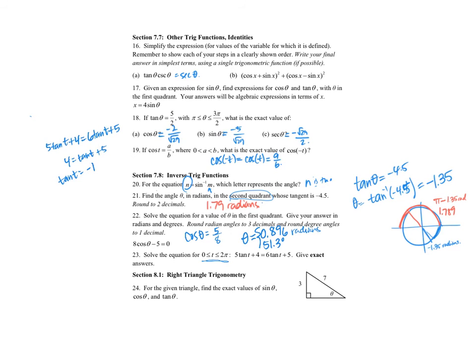Okay, so what angles have tangent value -1? For an angle to have tangent value -1, that means that sine theta and cosine theta are equal up to a sign. So that's going to be at the 45 degree, or pi over 4, mark there, and that's going to be my reference angle.